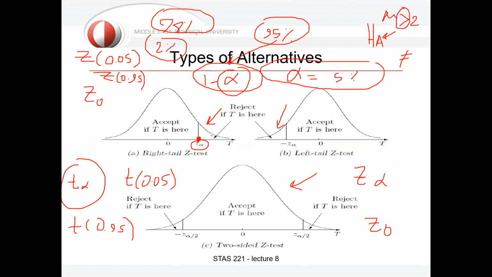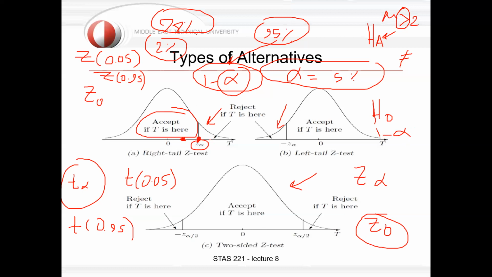In case of right tail, you compare Z0 with Z alpha. If it falls inside this area, then you accept H0 with, for example, 1 minus alpha confidence level. If it is 95% confidence, we can say we accept H0 with 95% confidence.